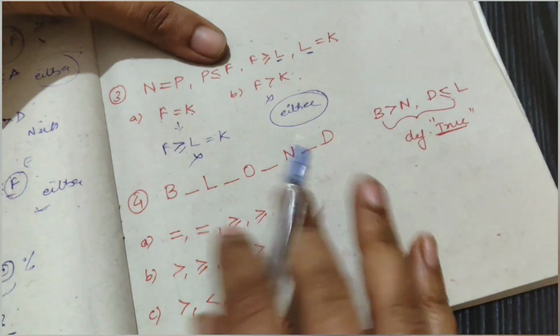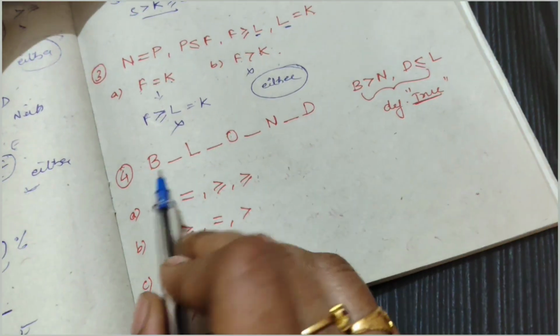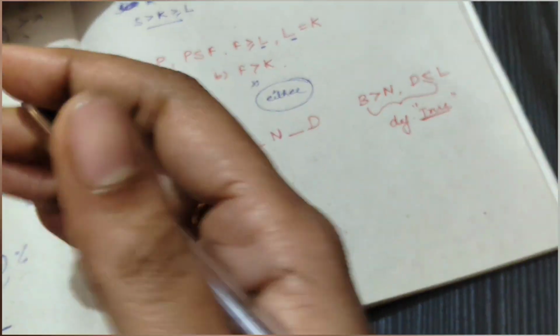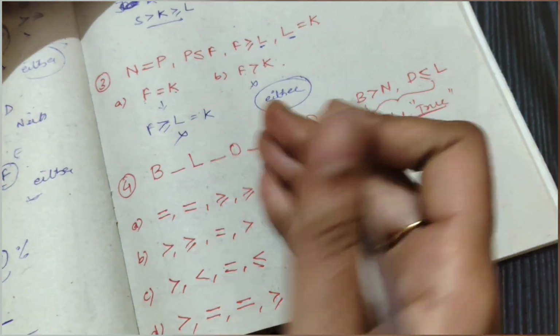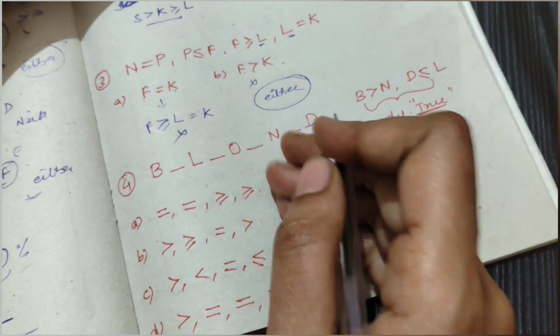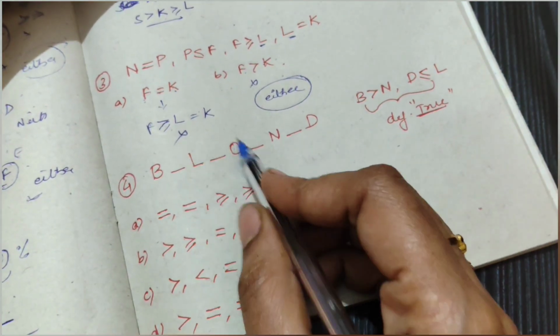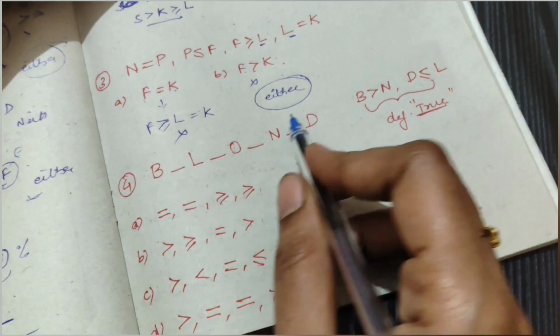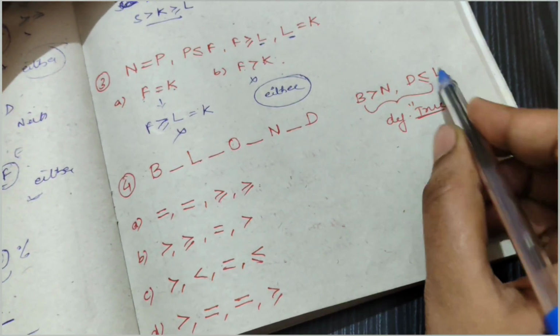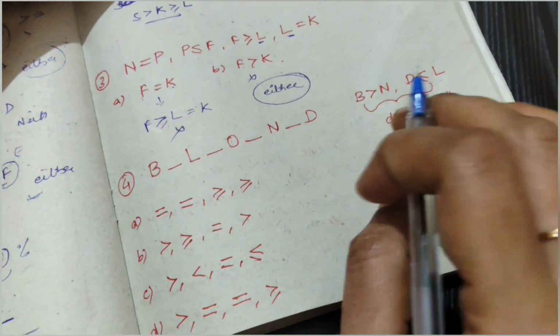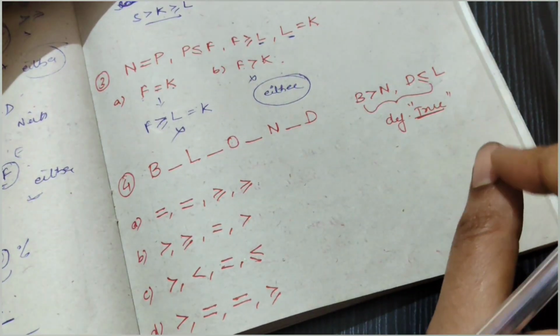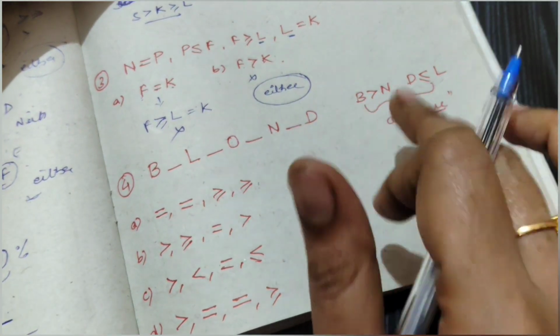Now another model is where they will give some letters with the symbols in between missing, and they will ask what symbols we should put in these blank spaces so that the conclusion will be definitely true. Meaning no either case, no neither case, no false; it should definitely be true.